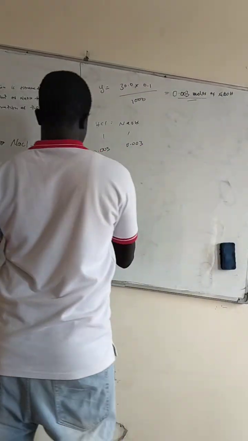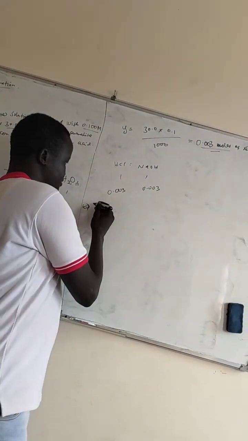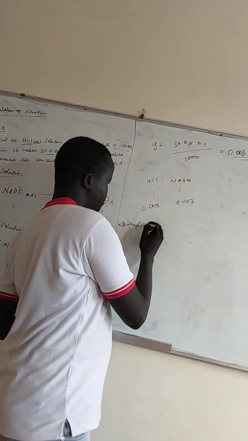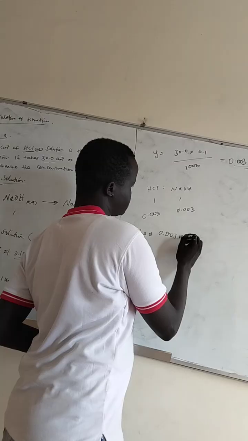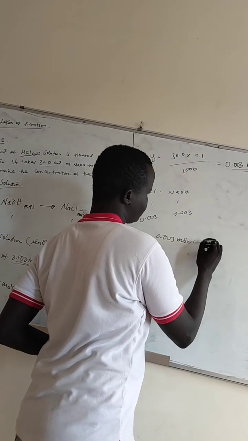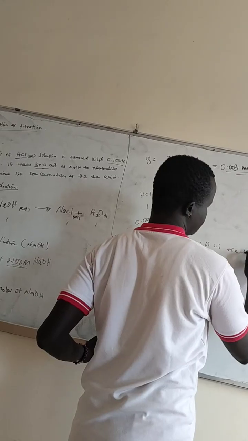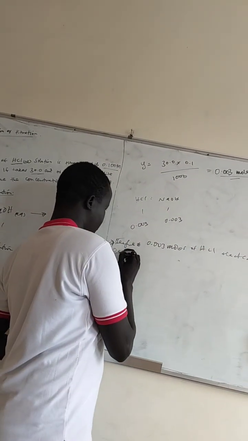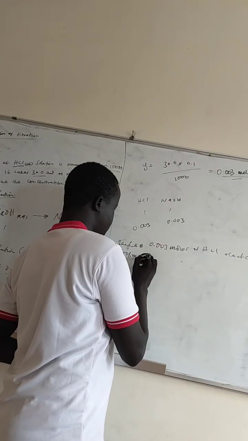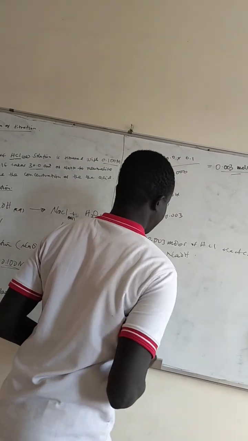Therefore, we conclude that there are 0.003 moles of HCl that reacted with the 0.003 moles of sodium hydroxide.